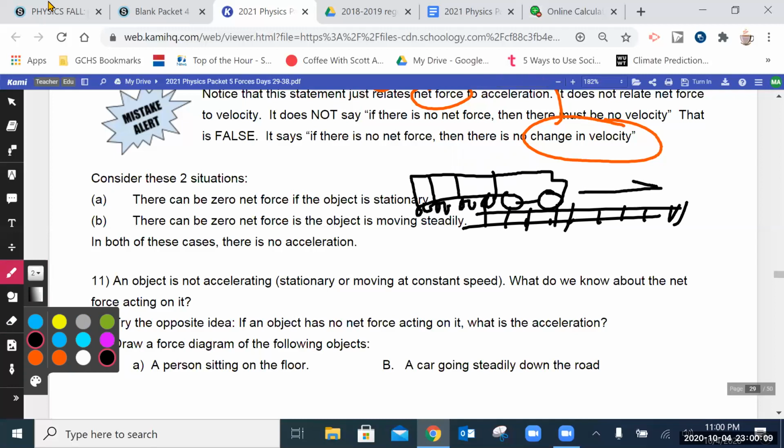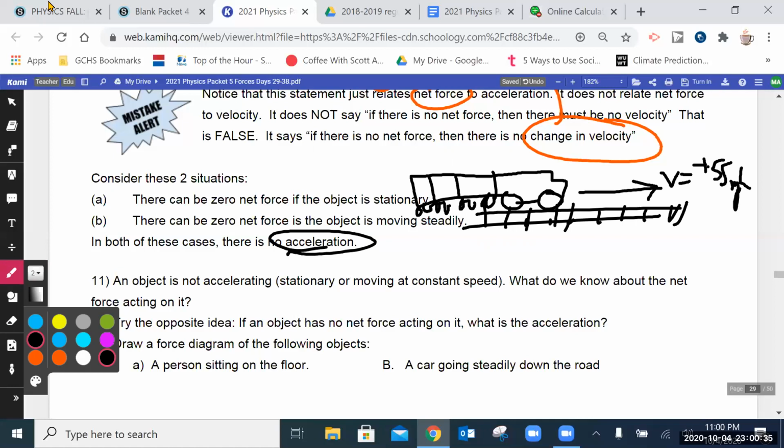If the train is moving at a steady velocity, let's say positive 55 miles per hour, if it is traveling at that constant speed, then it is not accelerating. If there is no acceleration, there is no net force.